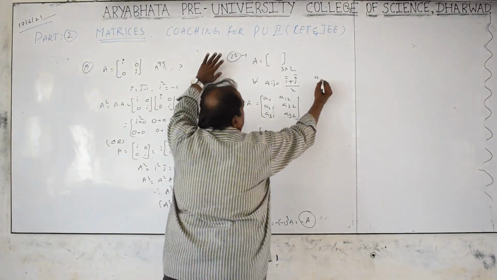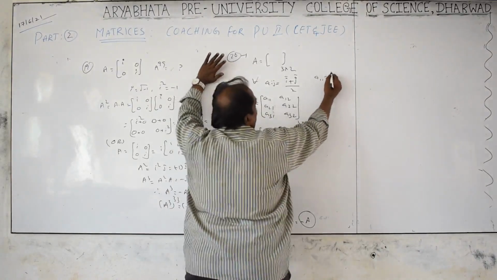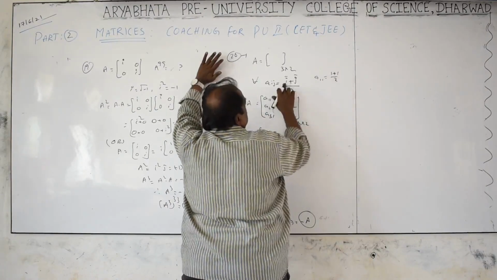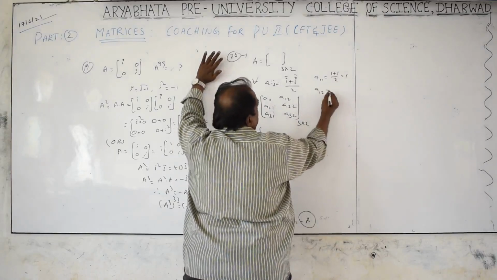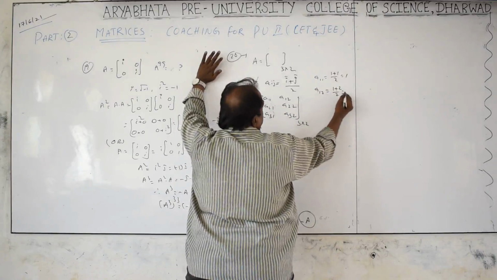Here a11 means (1 plus 1) by 2. i is 1, j is 1, by 2. That is 1. a12 means (1 plus 2) by 2.